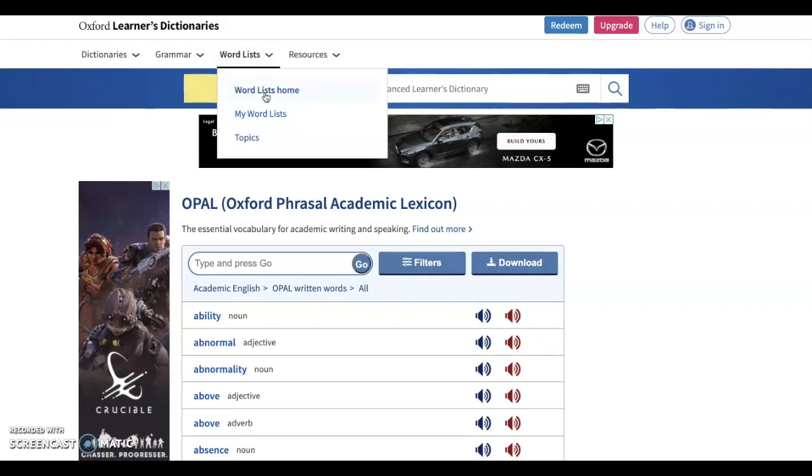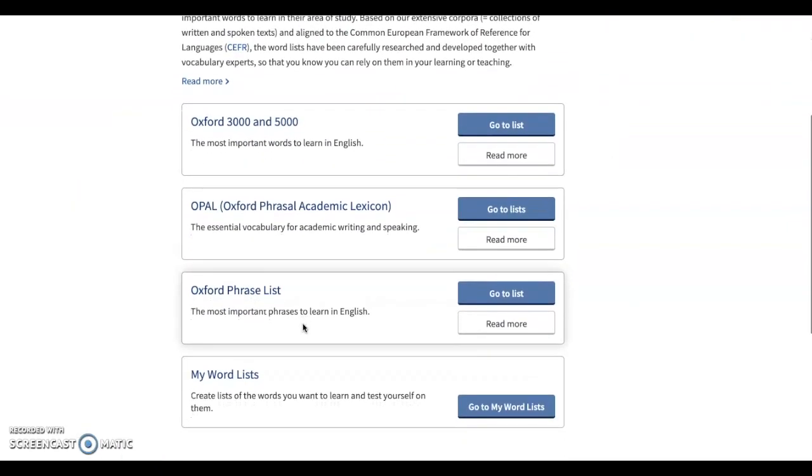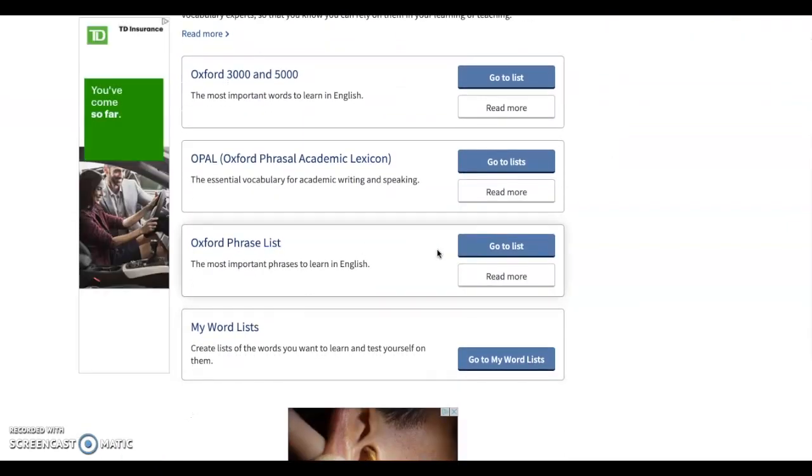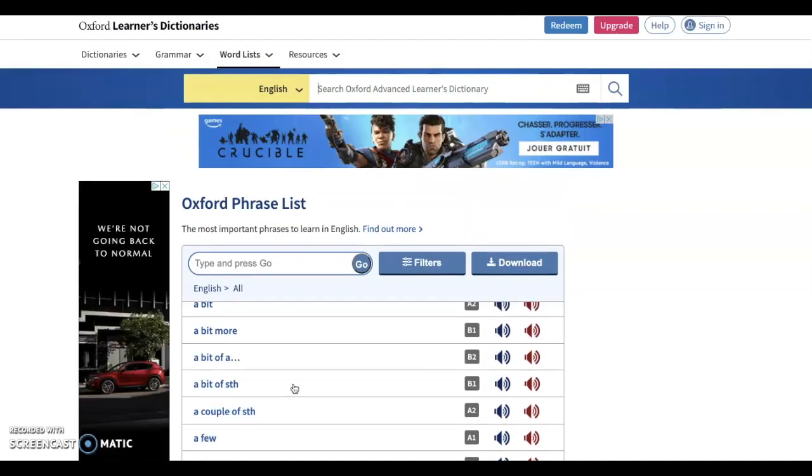Speaking of the word lists, another word list which I find immensely useful is what is called the Oxford phrase list. And this is a very, very useful list. Let's take a look and I'll tell you why it's so great.